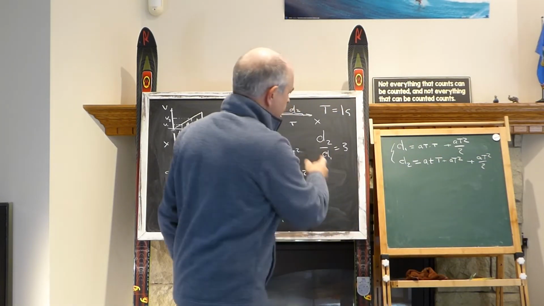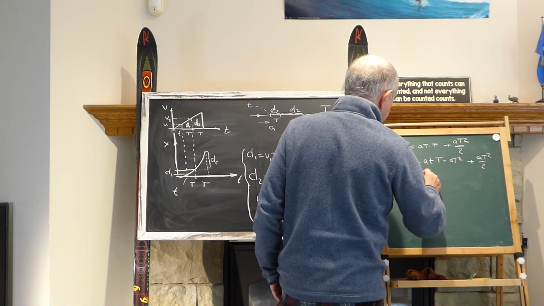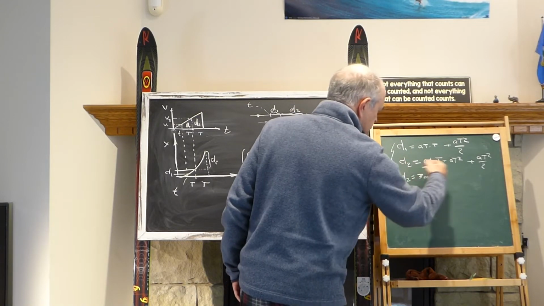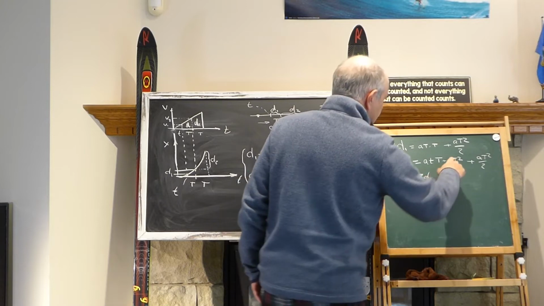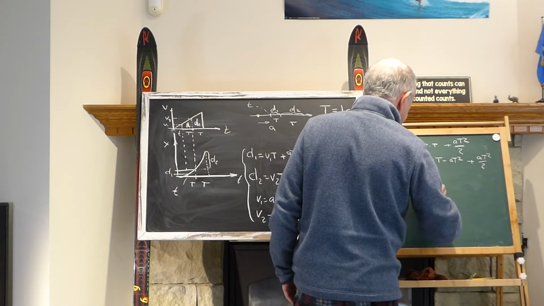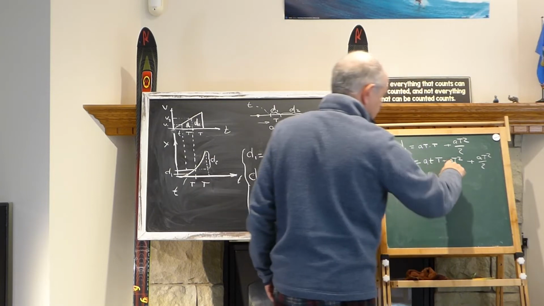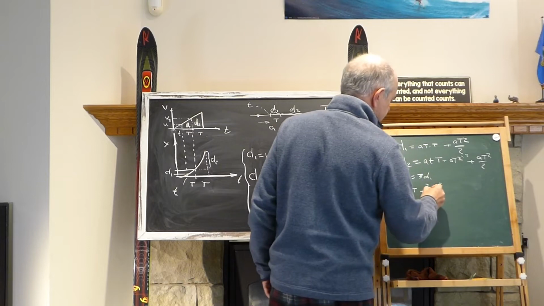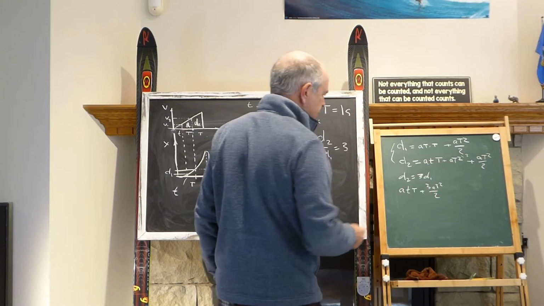And of course d2 equals 3d1. So instead of d2 I write this, at2, and this plus this would be 3 aT squared over 2. Because if I add this, 2 plus 1 would be 3. Or I can say 1 plus 1/2, it would be 3/2.